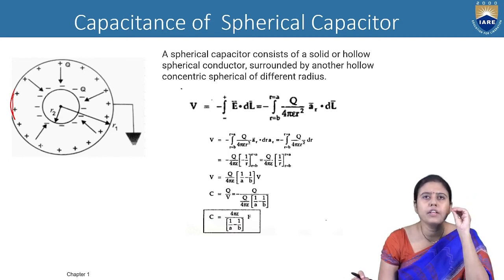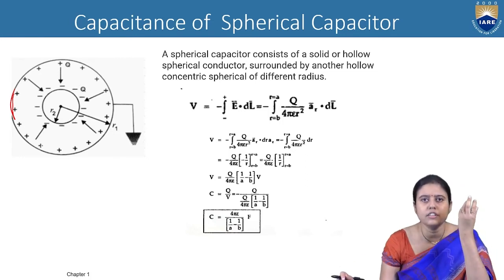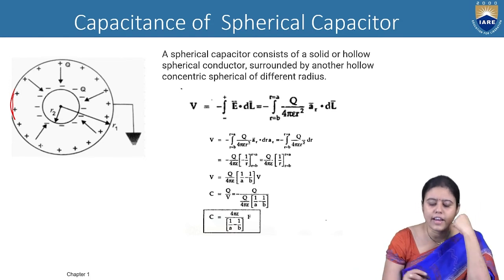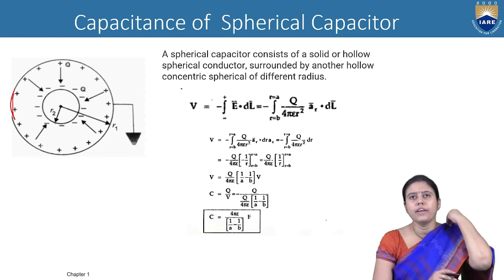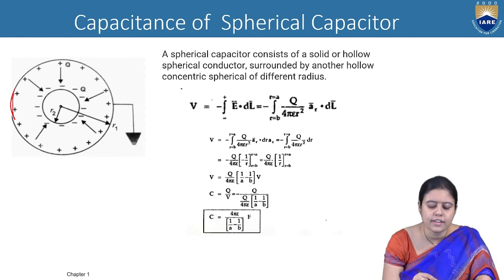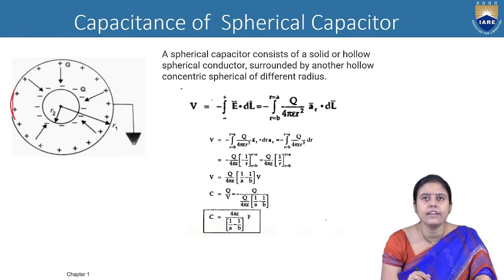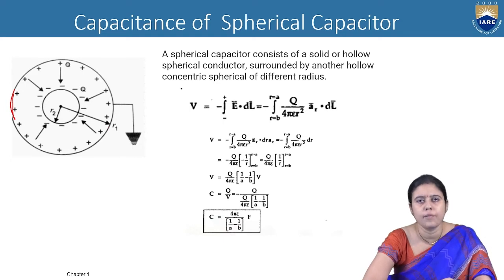Now if we give the positive charge on the inside, and there is a concentric sphere, the outside should have some negative charge. The opposite charge will be induced in the inner sphere. We are thinking there are two radii: R2 is the radius of the inner surface and R1 is the radius of the outer surface.